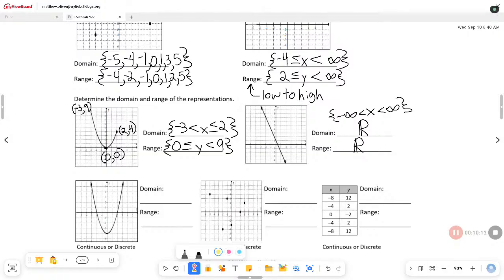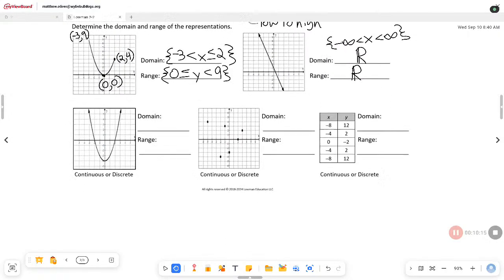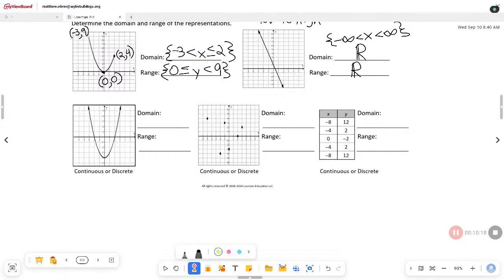And let's look at one more example here with the time we've got. Let's see, it's a curve, so that means it's going to be continuous. So if there's any lines of any kind, we'll say it's continuous.